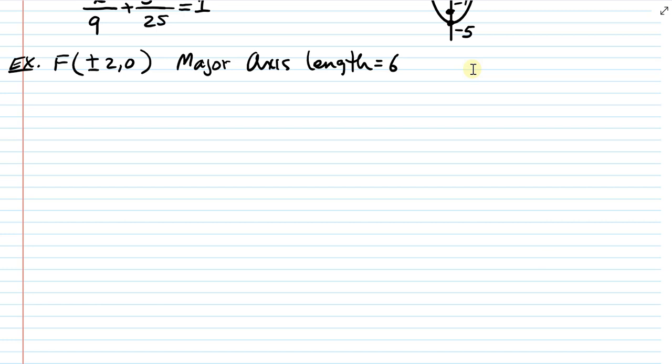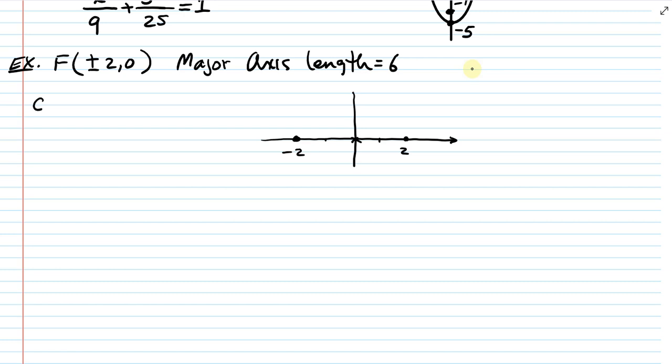Well, the foci are at ±2, 0. So let me graph based on what I know so far. So +2, -2. Well, these are the foci. So indeed, halfway between is the center, right?